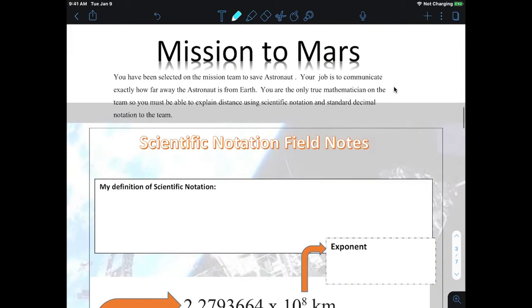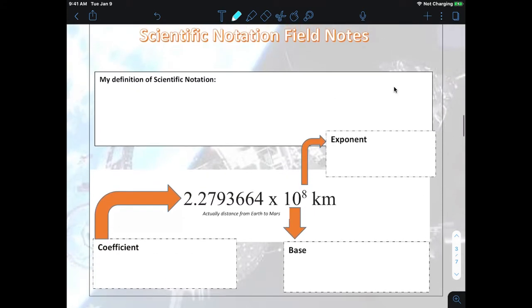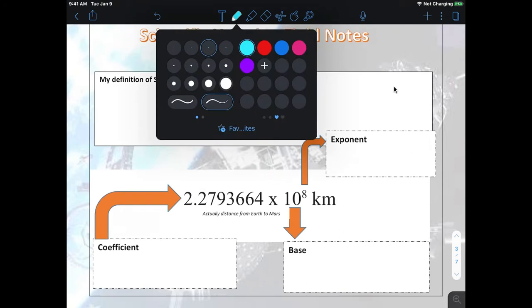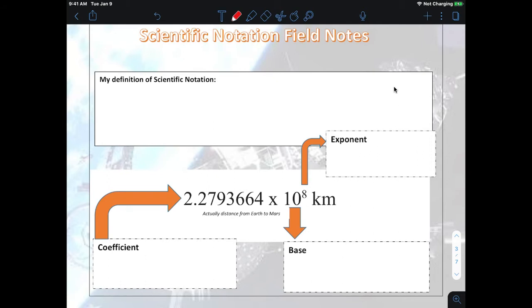First thing, you'll notice that there is a notes page here. This is where we're going to write in a couple of pieces of information regarding scientific notation, what exactly it is, etc. So first thing, what is scientific notation?